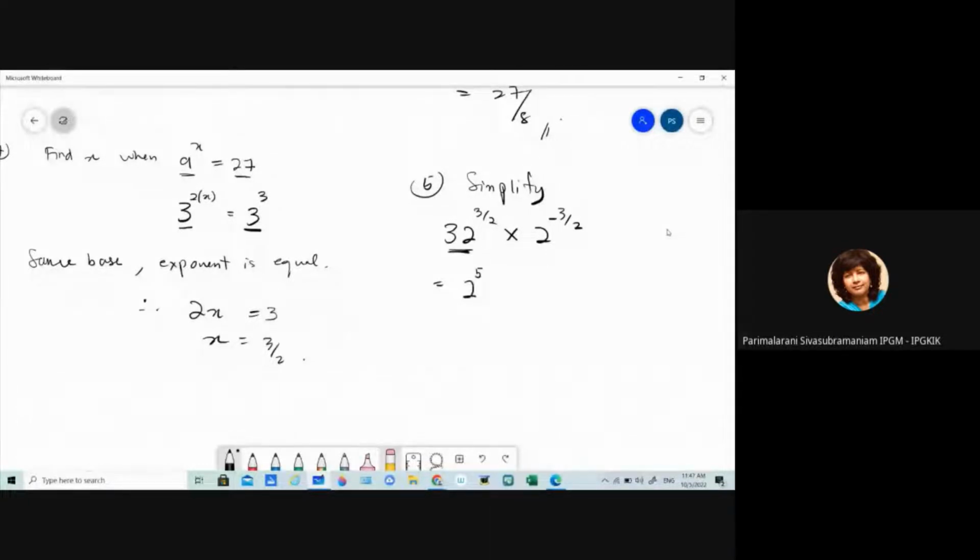Then we have the 3 over 2 here, multiplied by 2 to the power of negative 3 over 2. Now we have the same base. If we have the same base, then we can add the exponents. So this is 15 over 2 plus negative 3 over 2. So this is 2 to the power of 15 minus 3, which is 12 over 2. So this is 2 to the power of 6, which is 64. Okay, so we have simplified this using the laws of exponent.